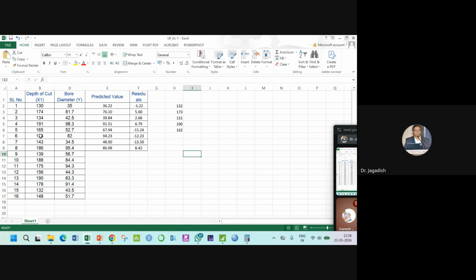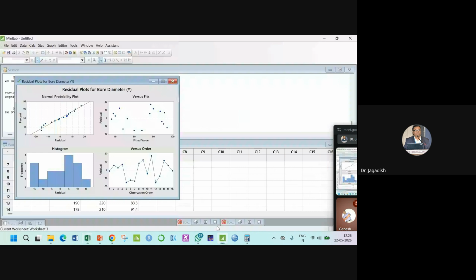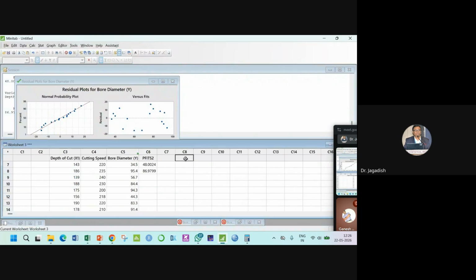Suppose it's 194, 165; I want to know 190, 191, and 140 for 143, and 185, 183 for 186. So these are my values. I want to know at what values of x, so I want to find out the value of y. So these are my x's, different x's.